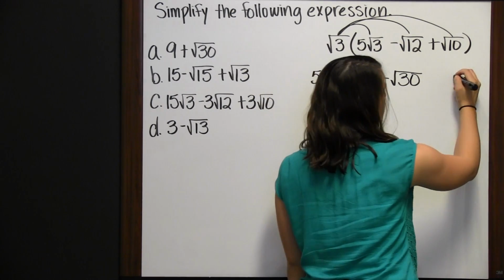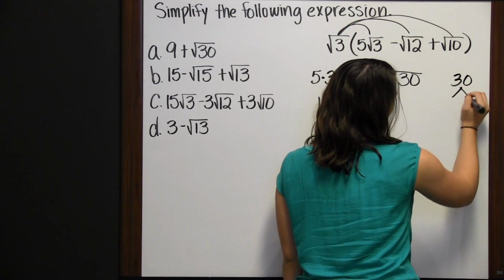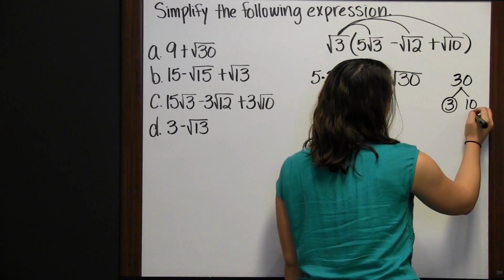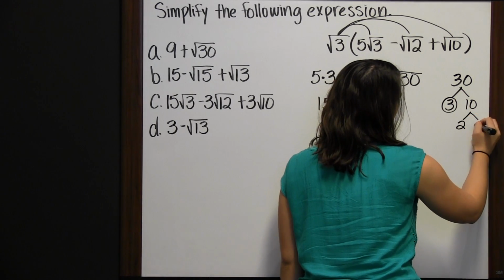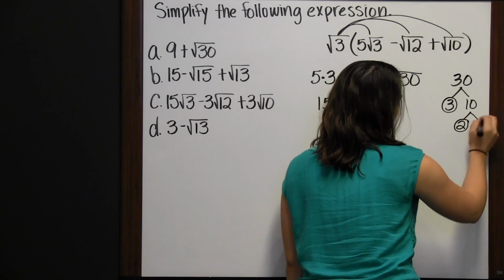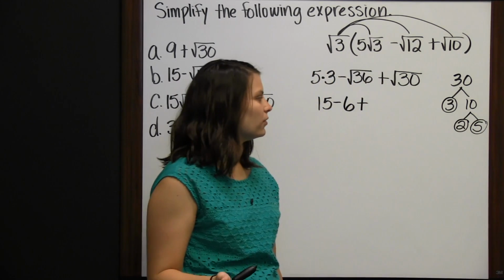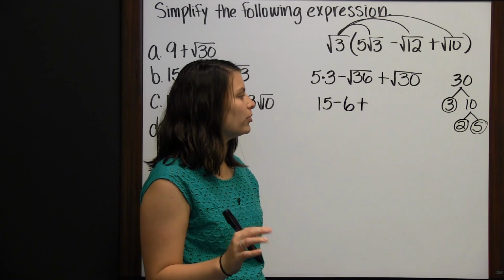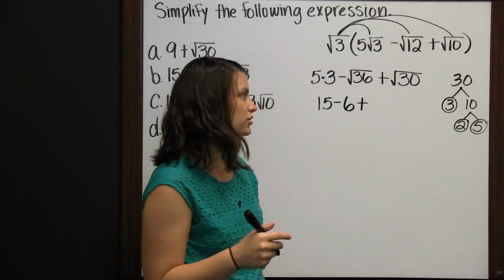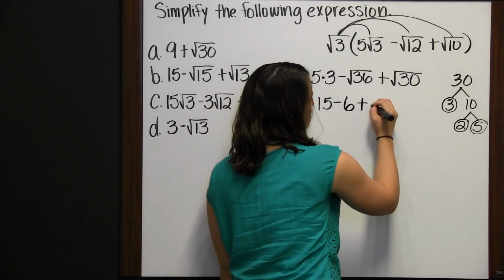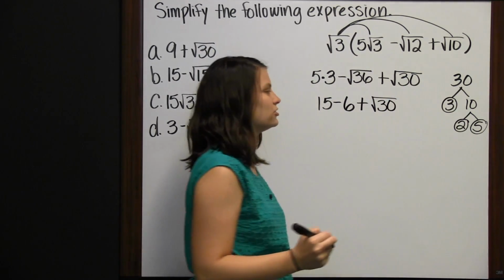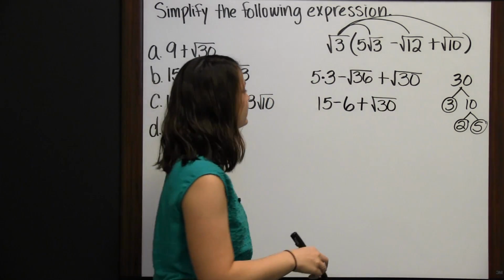So to break it down, you can just do a factor tree. 30 is 3 times 10, 3 is prime, and 10 is 2 times 5, and those are both prime. So I have no pairs of numbers and no perfect square factors, so I can't take the square root of any part of 30, so it has to be left as just the square root of 30.